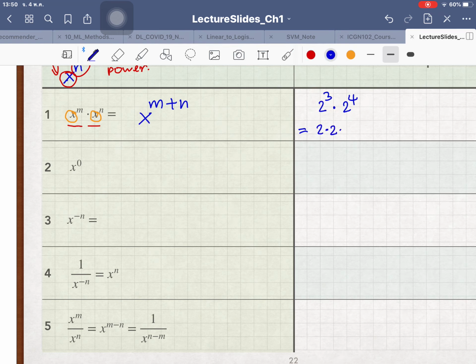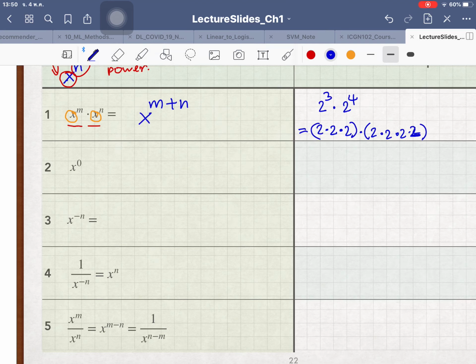You have 3 terms of 2. And for the next term, this power is 4, so it means that you have 4 repeating terms of 2. So here you have 1, 2, 3, 4 terms.